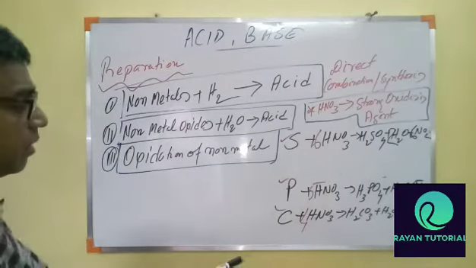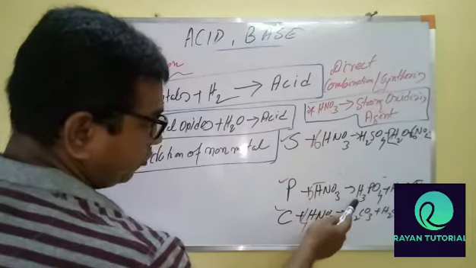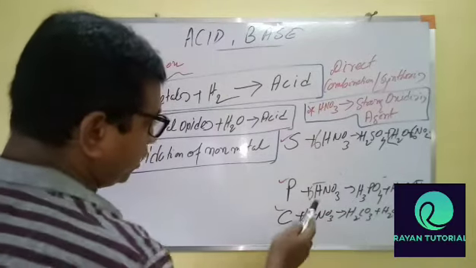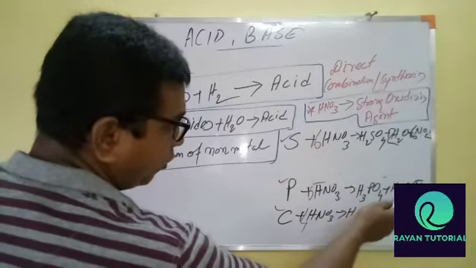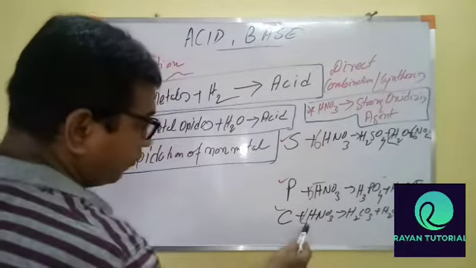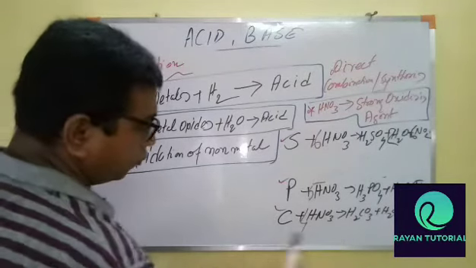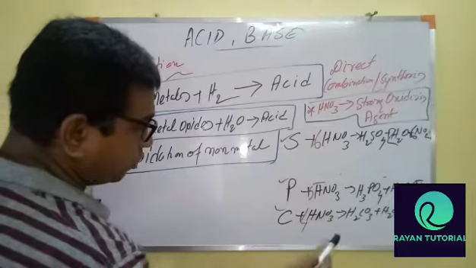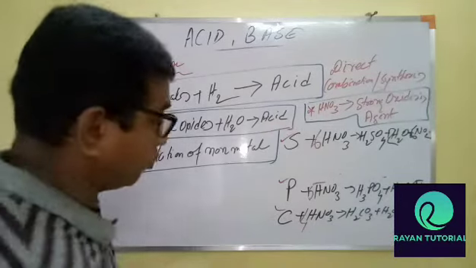See the balancing: 5 nitrogen, 5 nitrogen, 5 hydrogen, 3 hydrogen and 2 hydrogen, 5 hydrogen. 5 and 3, 15 oxygen, here 4, here 1, 5, and here 10, 15. See, it got balanced. 4 nitrogen, 4 nitrogen, 4 hydrogen, 2 and 2, 4 hydrogen, 4 threes are 12 oxygen, 3, 4, 4 twos are 8, 12 oxygen.